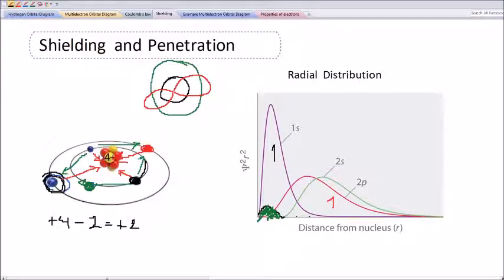And so because there is an electron in the 1s orbital, it is shielding or repelling the 2p electron from the nucleus, giving it a lower effective nuclear charge. Whereas if there was no electron in the 1s orbital, then the electron in the 2p orbital would not be shielded and it would have the same energy as the 2s orbital, because the 2s orbital has the possibility of being in this region and not being shielded.